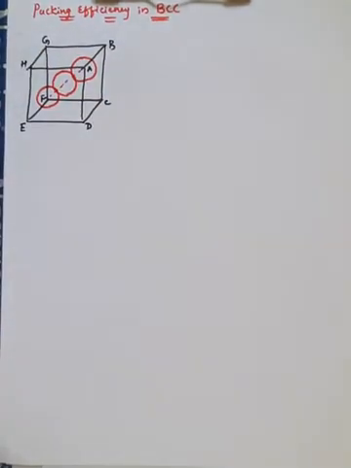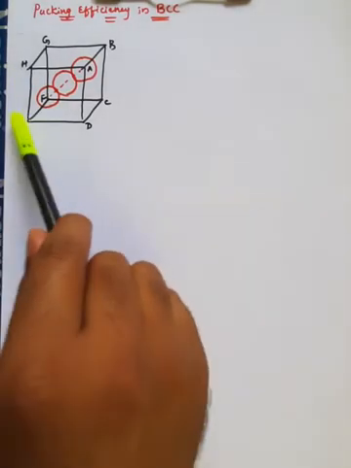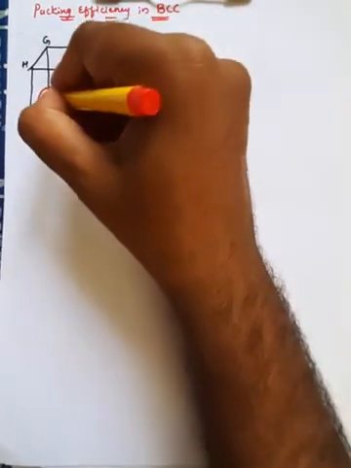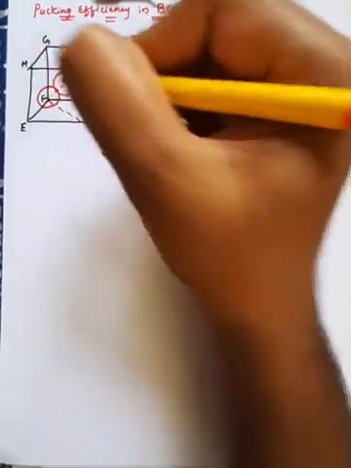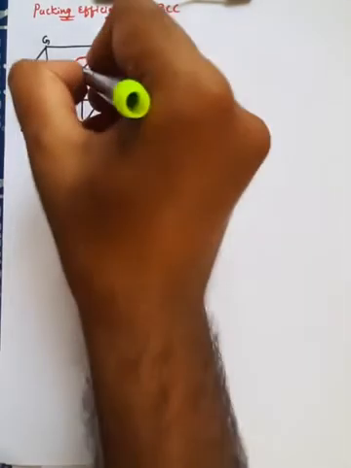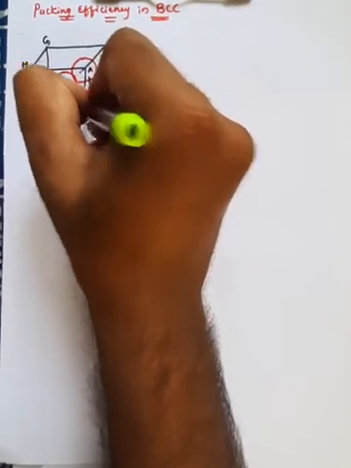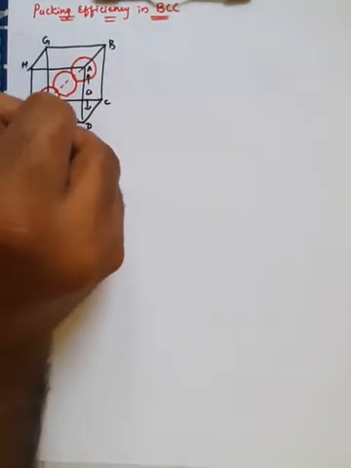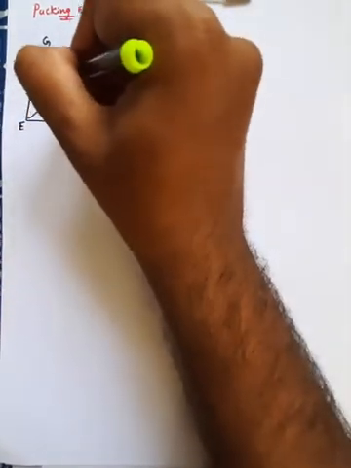So I have given A, B, C, D for one face and E, F, G, H for the other face. Therefore I can extend this diagonal from F to D. This edge length is generally given as A, and we know that this diagonal edge length is B. And this diagonal length is taken as C, right?